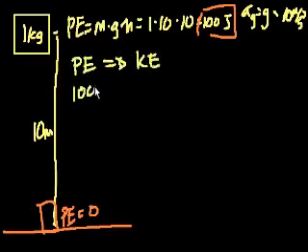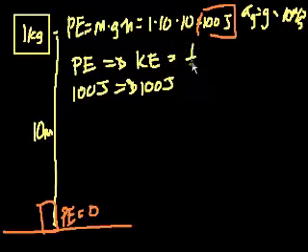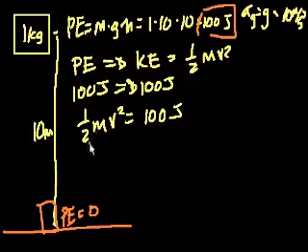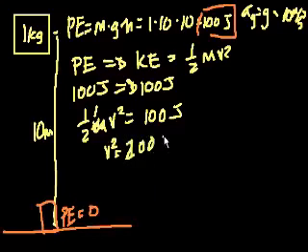So first we know that all the potential energy was converted into kinetic energy. We had 100 joules of potential energy, so we're still going to have 100 joules, but now all of it's going to be kinetic energy. And kinetic energy is 1/2 mv squared. So 1/2 mv squared is now going to equal 100 joules. The mass is 1, and we can solve for v now. 1/2 v squared equals 100 joules, so v squared is equal to 200.